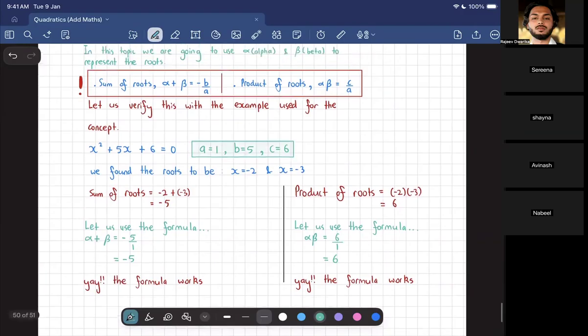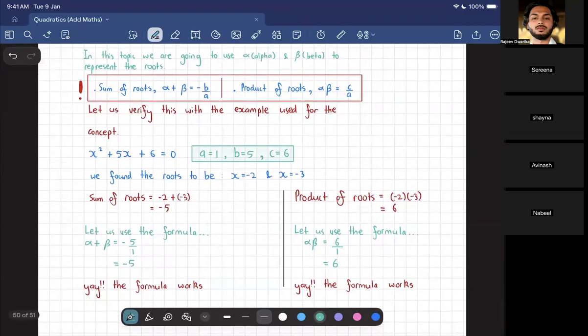Alright, so have this copied down. Nabil, is there anything here that you don't understand or you don't believe? No. Alright. Before we end the class, I'll make sure that you'll remember the formulas, because you need to know these formulas. These formulas are a must.